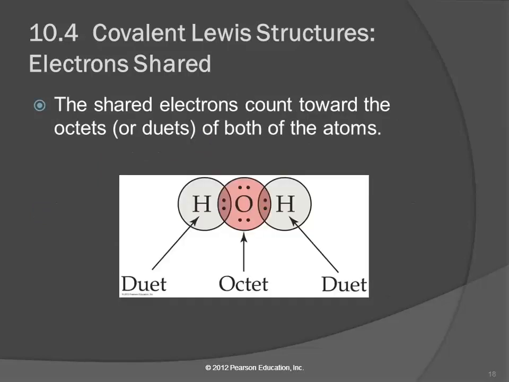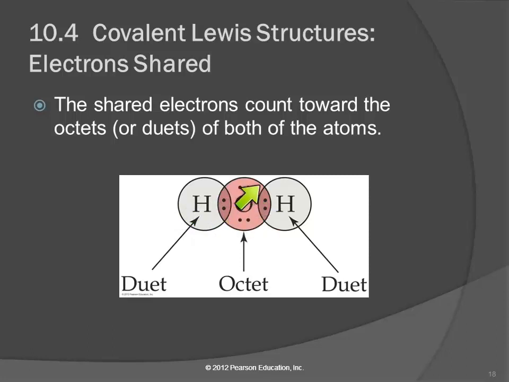Here's another illustration with circles. Kind of looks like a Venn diagram. So here's the hydrogen. And here we're drawing these in a more regular way. So here's the hydrogen, and there's 2 dots, 2 electrons, between the hydrogen and oxygen. Those are shared. And here's 2 between this oxygen and the other hydrogen, and those are shared.